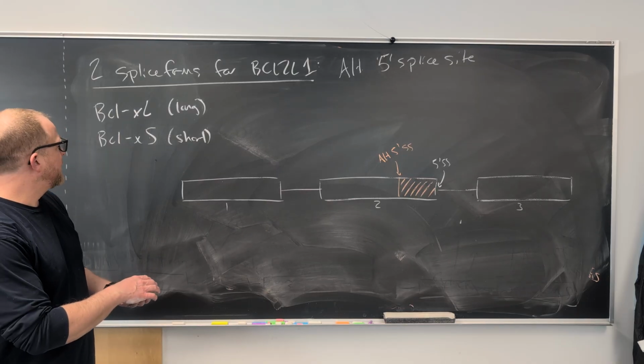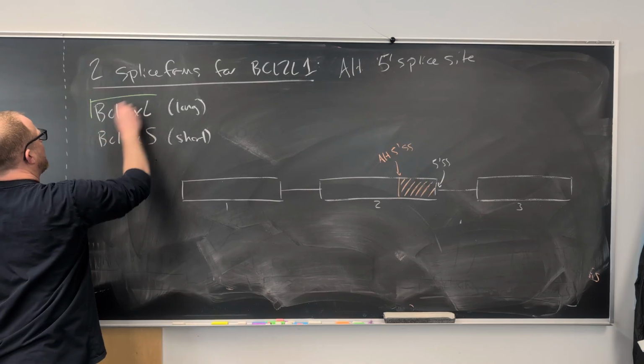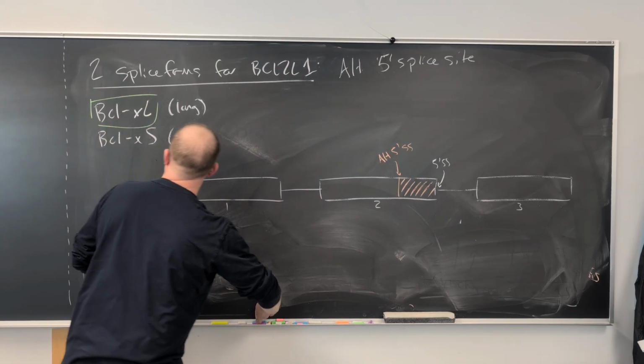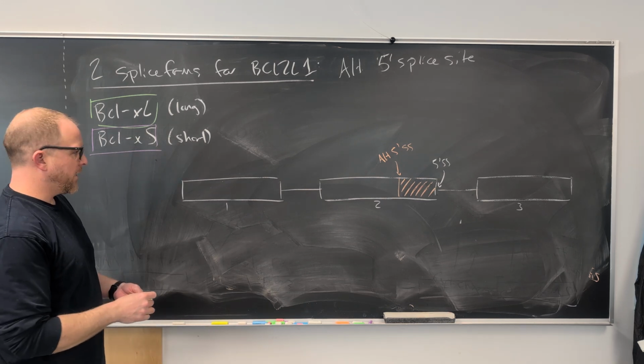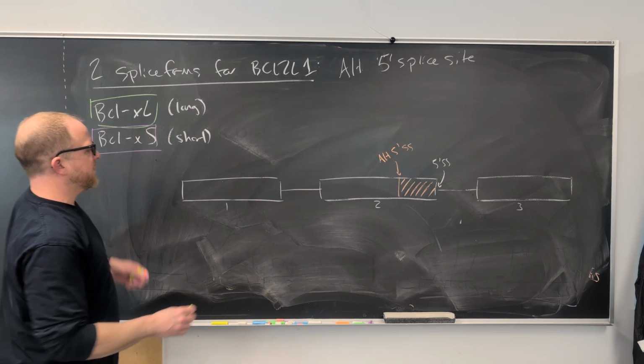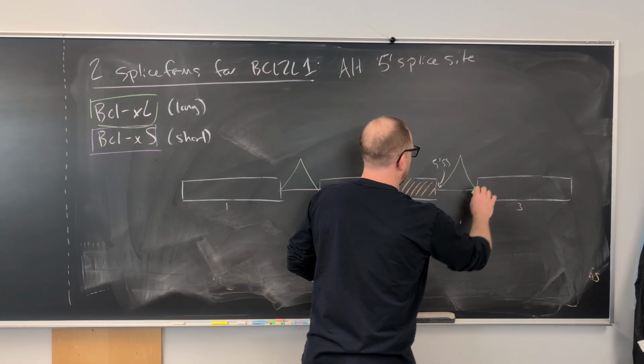So, in the case we'll do on top, we'll do the BCLXL in green, and we'll do the BCLXS in purple, okay? So the long isoform is produced by splicing here.